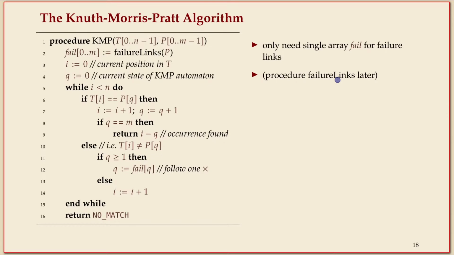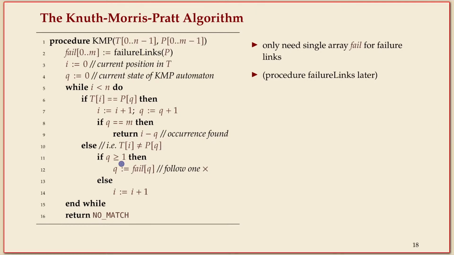Because I just want to point out, as it looks from first sight, we have a loop that is repeated n times. At least it could be repeated n times, and it will be repeated n times. And we have an inner loop. So we're not always incrementing I. We could loop through this thing. We've seen that a single character might cause m failure links to be followed.